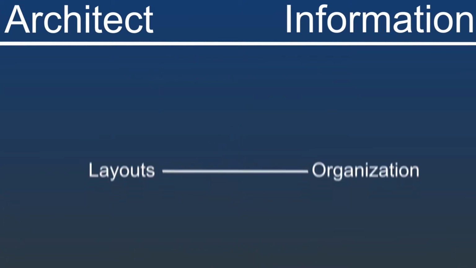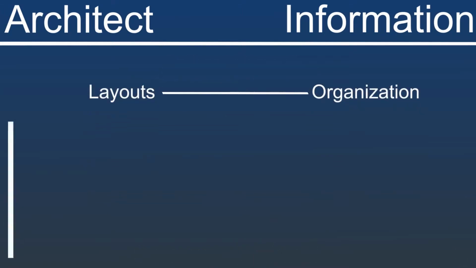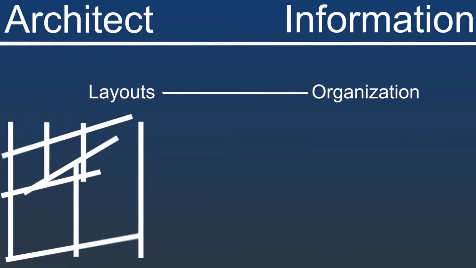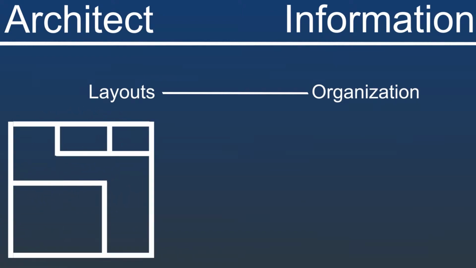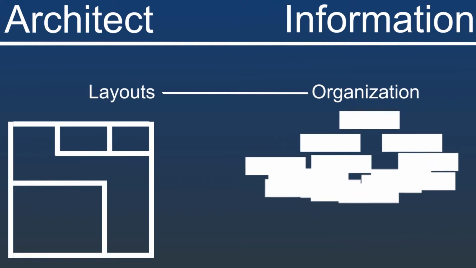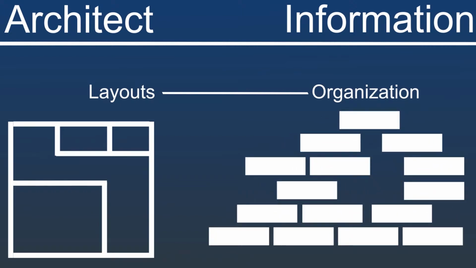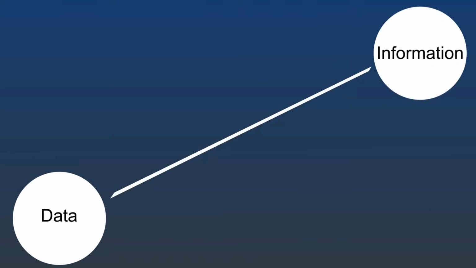If you take layouts and organization, for example, with a layout, an architect is building a blueprint of a house, organizing different types of objects into different rooms. Similarly, an information architect is building a hierarchy of a website where they organize the different kinds of information into different parts of the website. This means that in terms of the information spectrum, an information architect turns data into information, helping the user along.